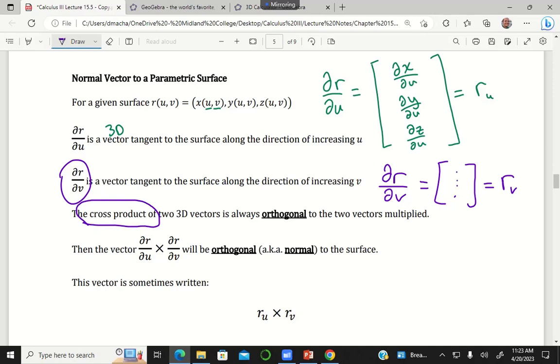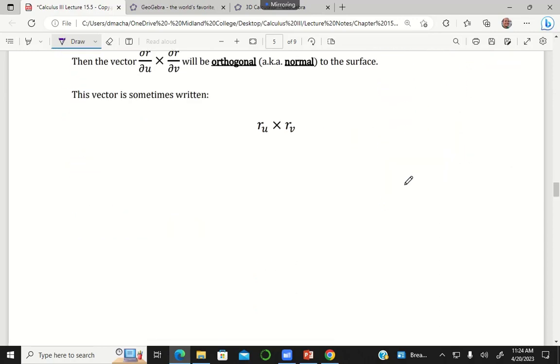We use both vocabulary words, but if you're ever asked for a normal vector, then the way that we would find a normal vector is by taking the cross product of these two partial derivatives, right? So if you ever see this show up, where r is my parametric surface, that cross product of two tangent vectors to the surface is going to be a normal vector from the surface.